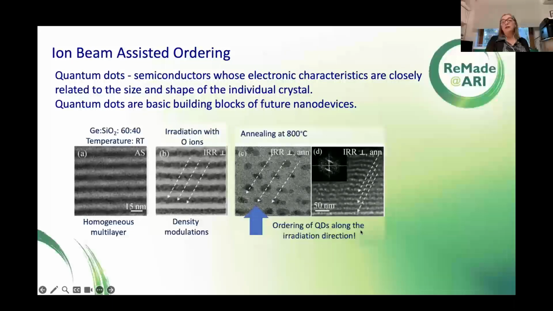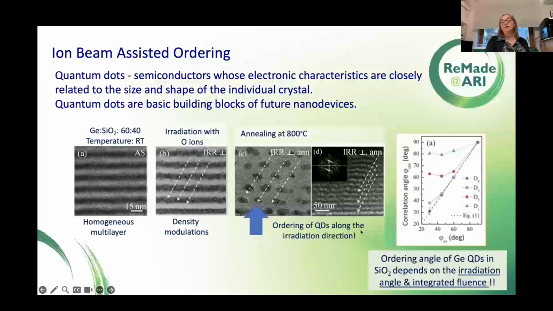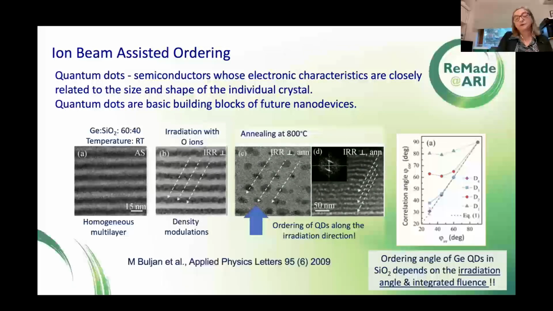So by tuning the irradiation angle and the fluence of the ions you put on such a material, you can tune the size of the quantum dots.